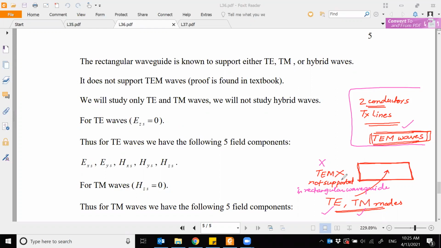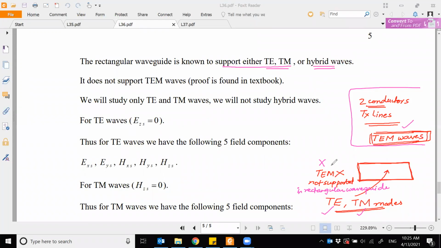You cannot have both absent in the direction of propagation, which is TEM. So this is what is written here. The rectangular waveguide is known to support the TE and TM modes, and also the hybrid modes.